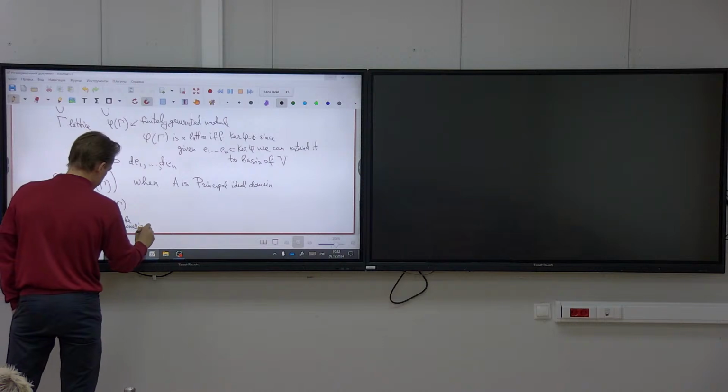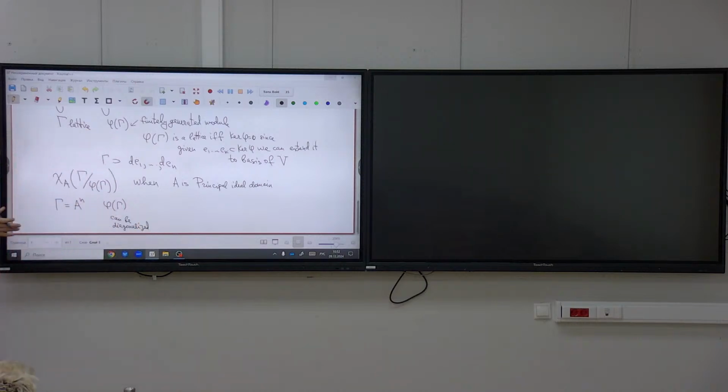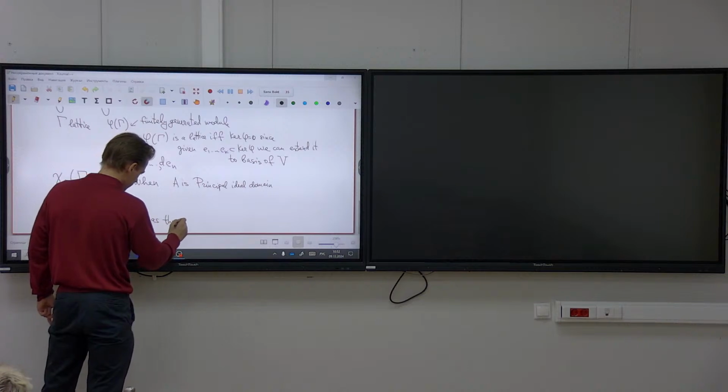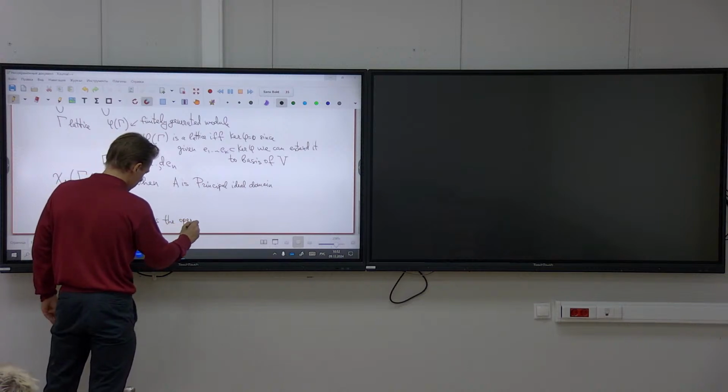But here, of course, I do not mean the usual diagonalization of an operator, because when you are speaking about a linear operator in the same space, you are allowed only to change the basis of V. But I'm thinking about it just as an operator, so I'm taking different bases in the image.